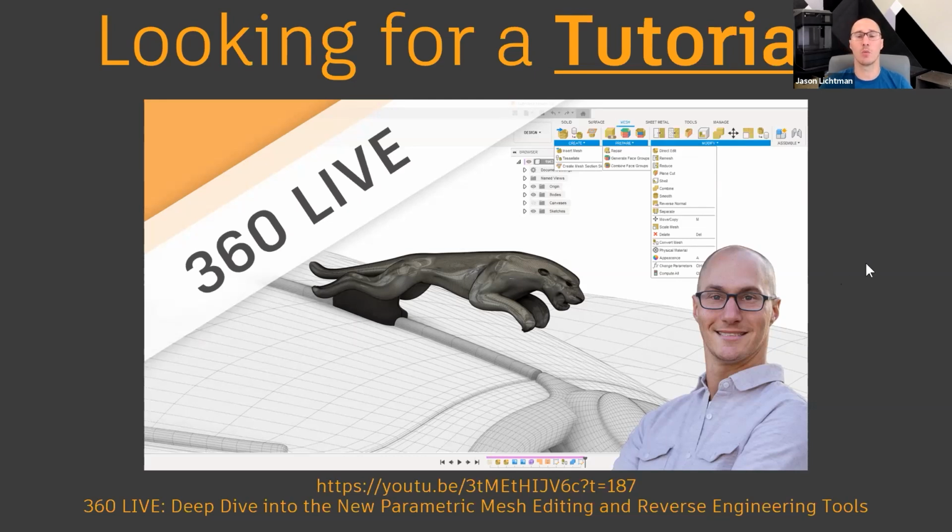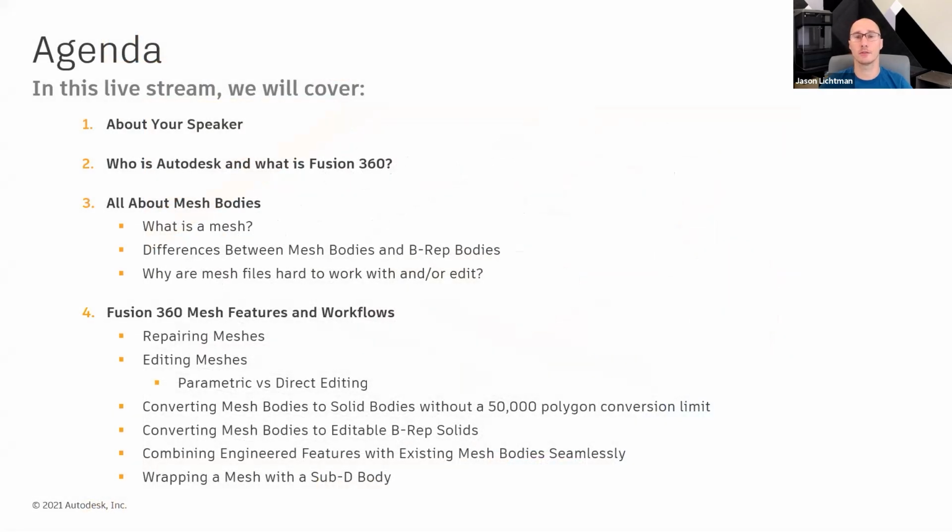And so today, what are we actually going to cover? Well, we're going to talk a little bit about me just for a moment, because I'm going to talk a lot today, and it only makes sense for us to get to know each other a little bit. I'm going to tell you a little bit about Autodesk. Who is Autodesk, or what is Autodesk, and what is Fusion 360 in particular?